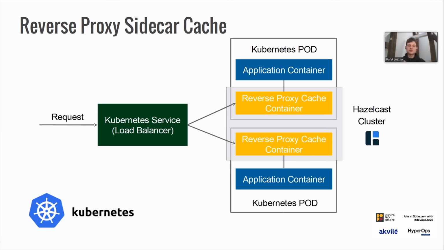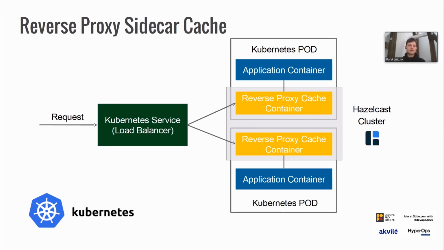And now this reverse proxy cache container checks, at the protocol level, if such request is already cached. If yes, return the cached value. If not, go to the application container, which performs some business logic, gets the response, caches it, and returns back to the requester.